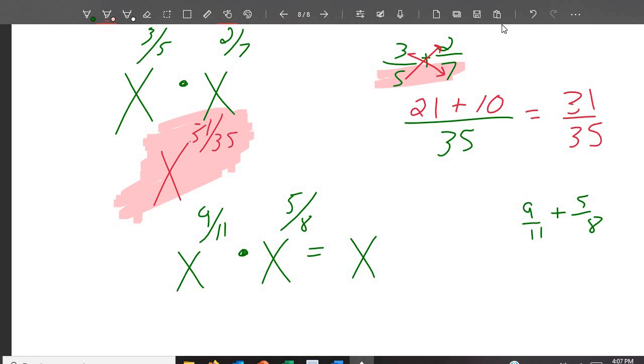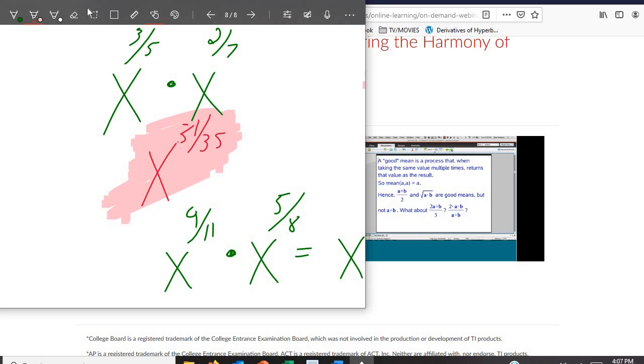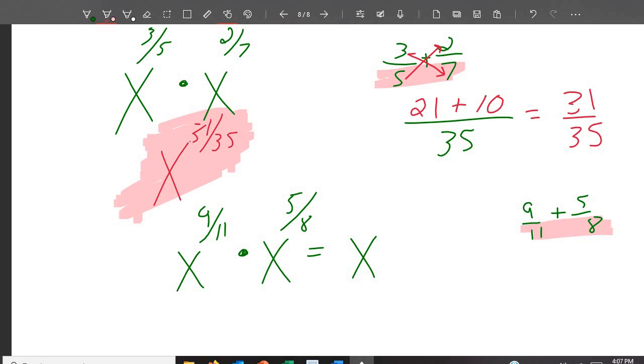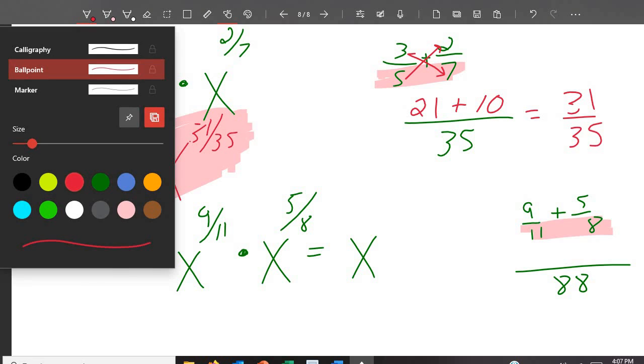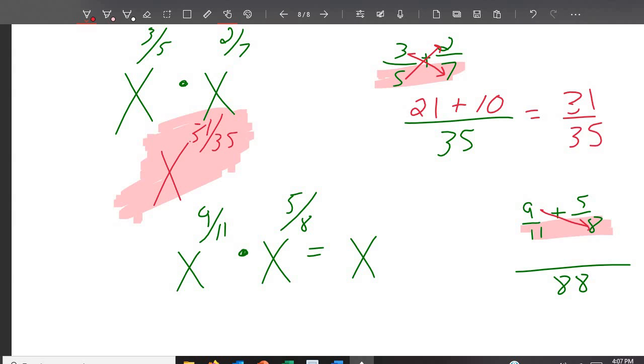So the first thing we do is multiply the bottom numbers. We'll get 88. Cross multiply to get what goes in the top. So 9 times 8 is 72. 5 times 11 is 55. 72 plus 55 is 127 over 88. That's the final answer.